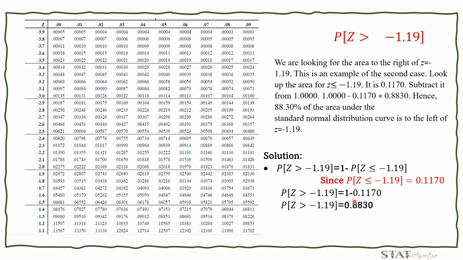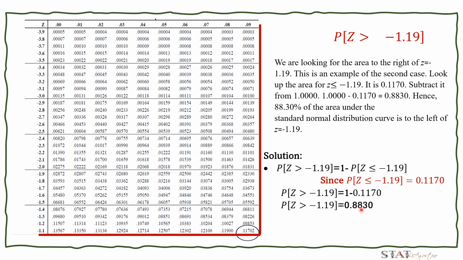So 1 minus 0.1170. So in other words, the probability of z on the right side of negative 1.19 is equal to 0.8830. So it will be in this area.